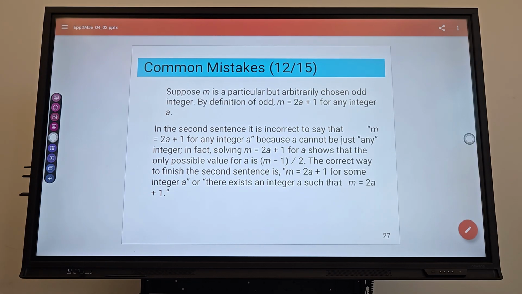Suppose m is a particular but arbitrarily chosen odd integer. By definition of odd, m equals 2a plus 1 for any integer a. That doesn't work that way. It is not for any integer a, but for some integer a. So there exists an integer a such that m equals 2a plus 1.